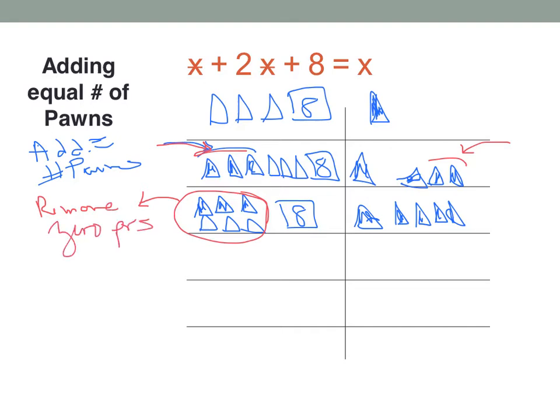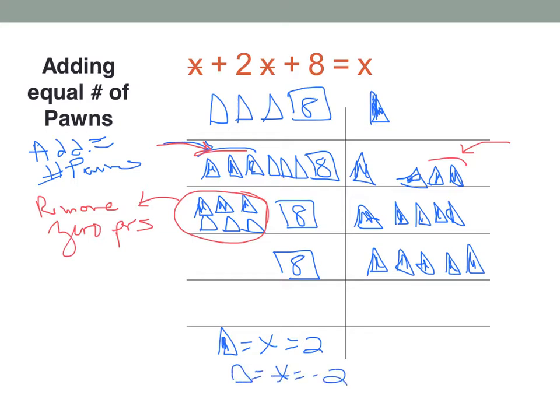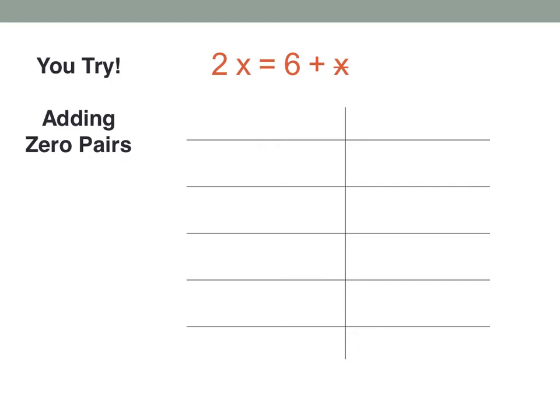And when you do that, then we get 8 and 4 blue pawns on the other side, which is exactly what we had last time. So blue pawn equals X equals 2, white pawn equals star equals -2, and see the previous check that we just did.